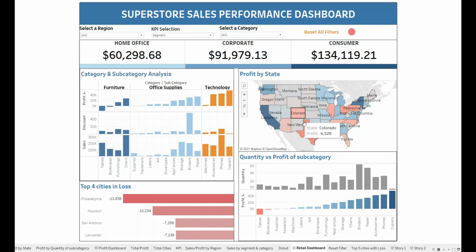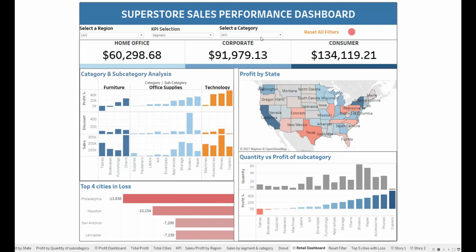And for profit by state, we have Texas as the state with the highest loss, and Philadelphia is the city with the highest amount of loss. And for quantity versus profit of subcategory, we have tables and bookcases with a little bit of quantity but still in loss, whereas the demand of copiers is really very high in the overall region.